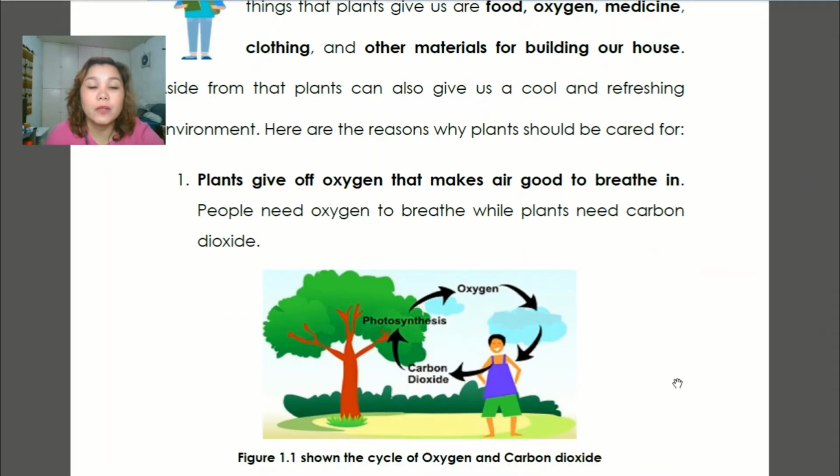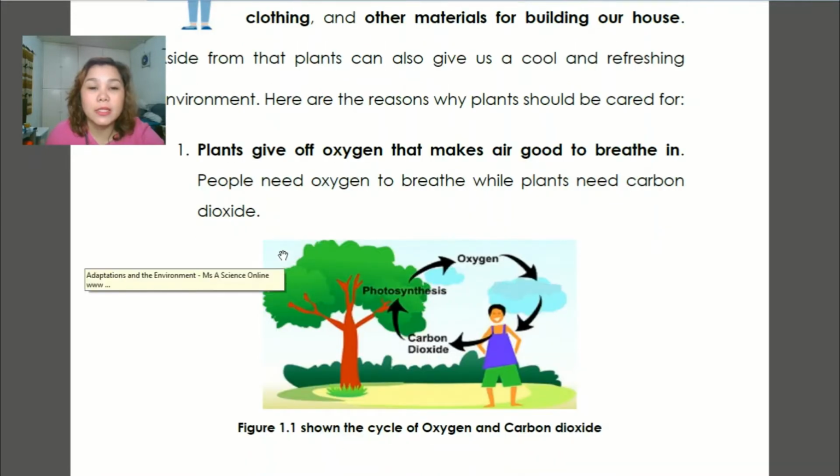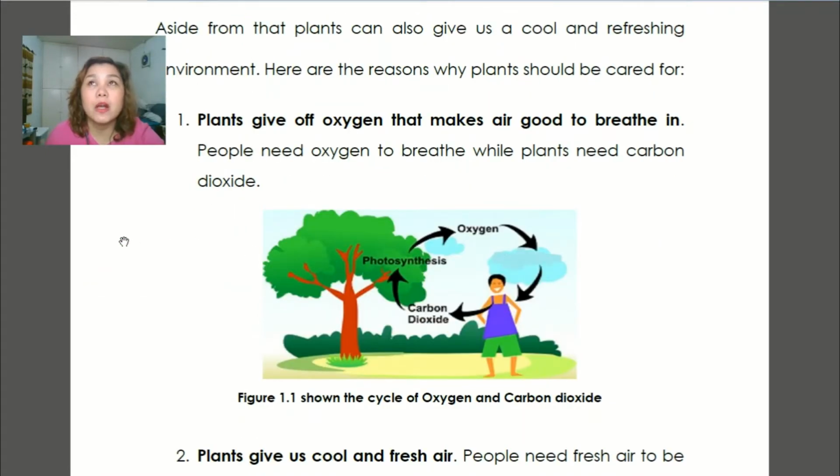Number one, plants give off oxygen that makes air good to breathe in. People need oxygen to breathe while plants need carbon dioxide. If you can remember the needs of human beings and the needs of animals, we and the animals need air to breathe, so we need oxygen.